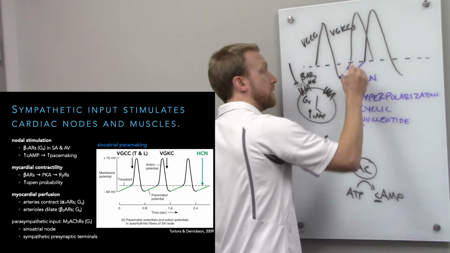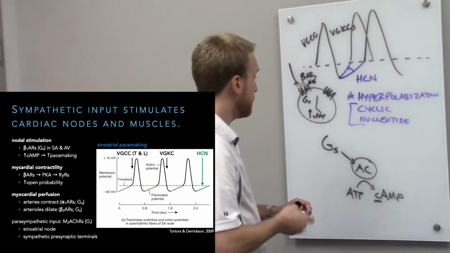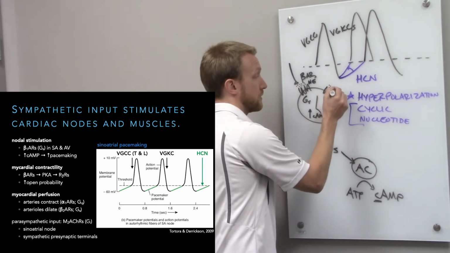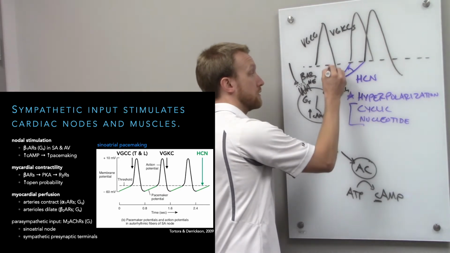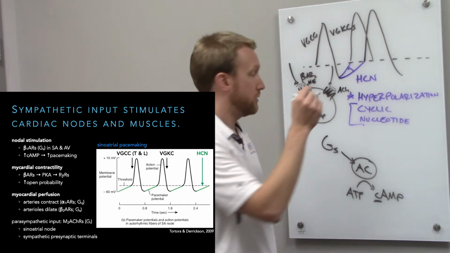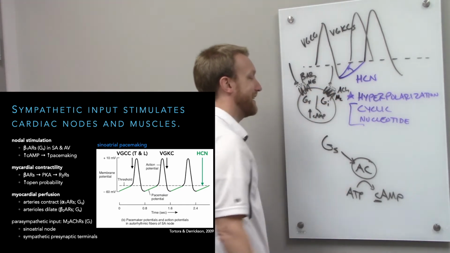So that change right there is driven by the sympathetic input. Parasympathetic input, which is of course cholinergic, acts on M2 muscarinic receptors, which are Gi coupled.